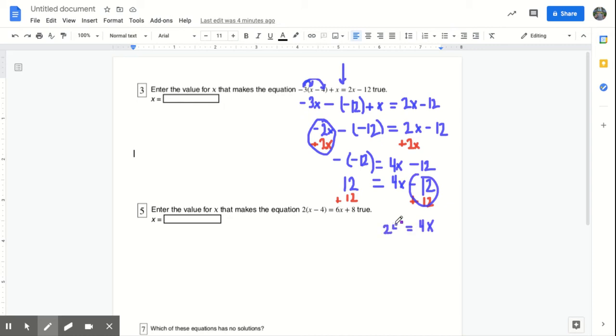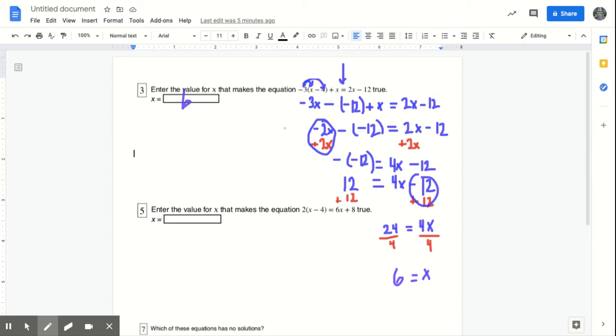The last thing we need to do is undo that multiplying by 4, and to undo multiplication is divide. So divide by 4. When I divide 4x by 4, I get just 1x, and on the right side I get 6. So the value of x in this problem is 6.